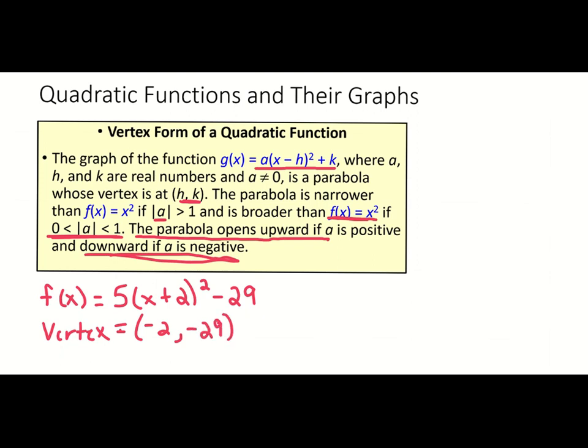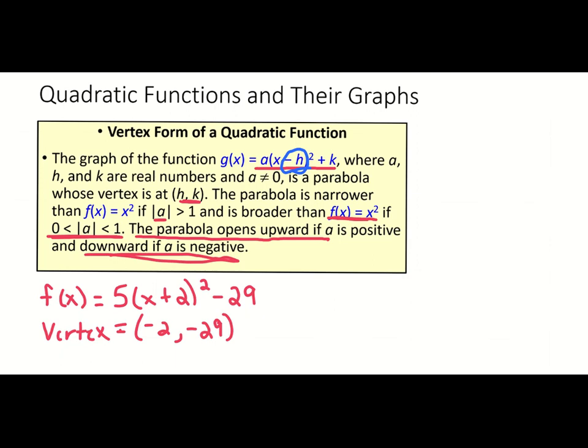Now, you may be like, well, that's a positive 2 there. Why is it -2? Because if we go back and look at the vertex form, it's x minus h. So whatever h is in your vertex form, you always take the opposite. Okay, so that's my vertex.